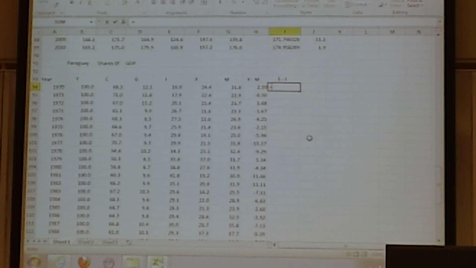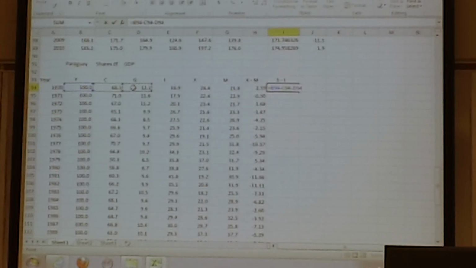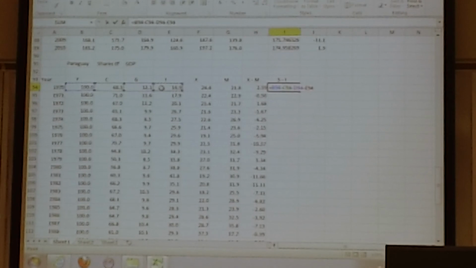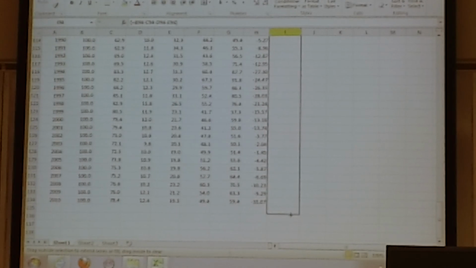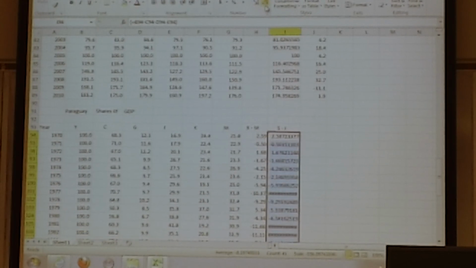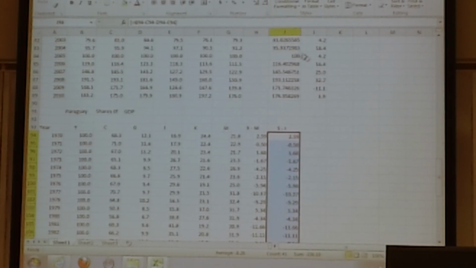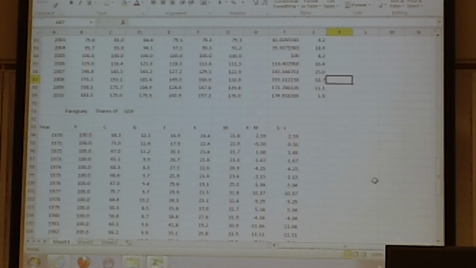Now that's equal to y minus c minus g minus I. Per capita GDP is how many people in the country. And you see these numbers are identical. That's because it's an algebraic identity.